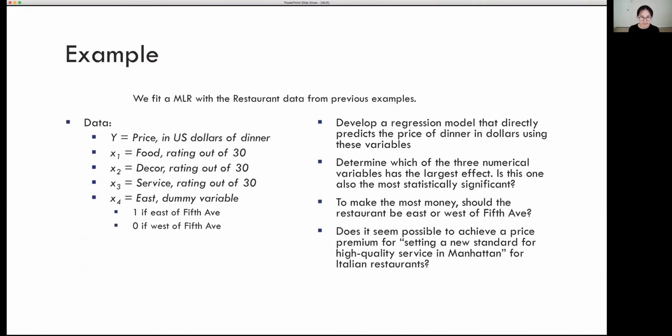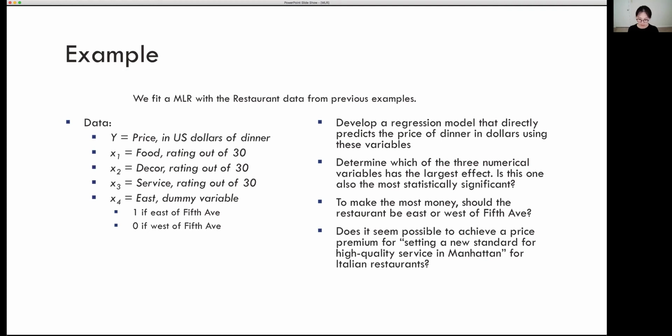Well, we have an example here. We fit a multiple linear regression with, I think it's the NYC restaurant data, which we have talked about before, but in a simple linear regression setting. Now we are doing it with multiple linear regression.